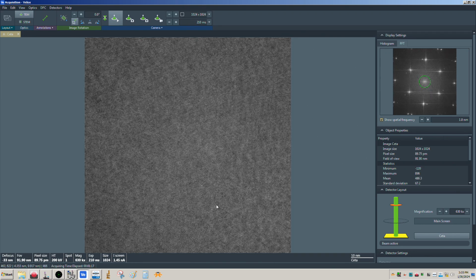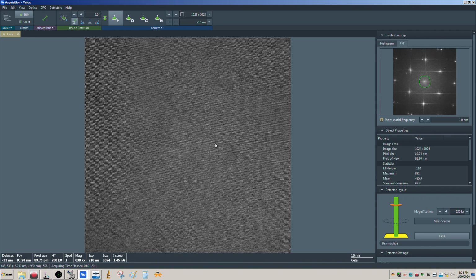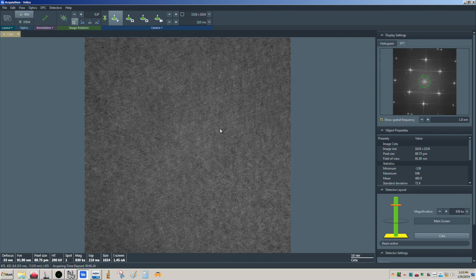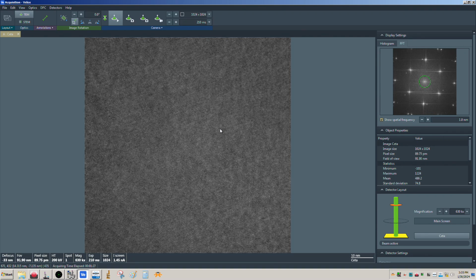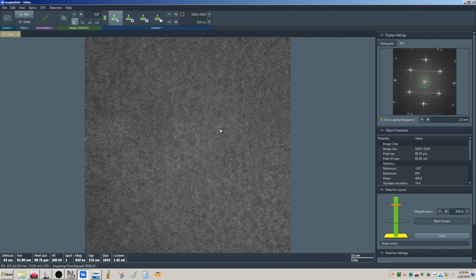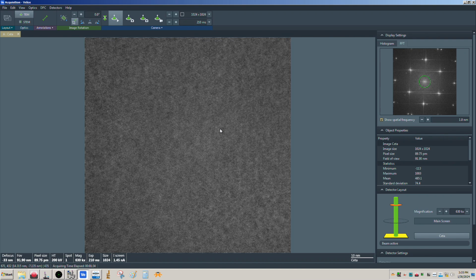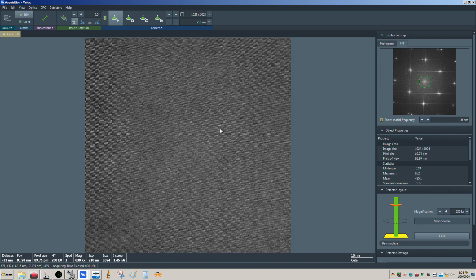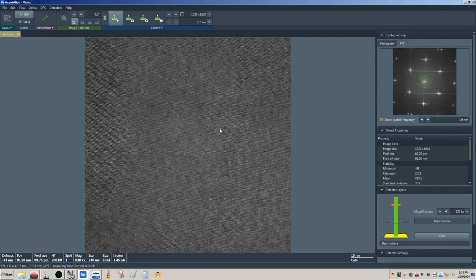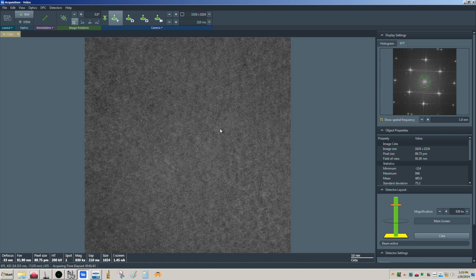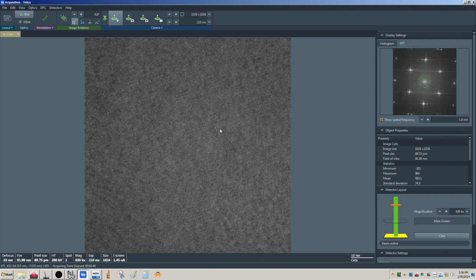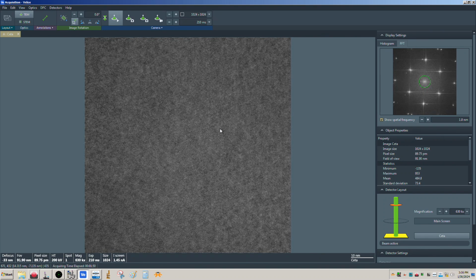Yeah, so you can start to see this coming in now. Okay, so it starts with some of this. So it shouldn't take us too long here before we actually start to see some of these extended defects, which I was referring to. And again, obviously, the smaller you make the beam, the higher you make the current density, the faster this is going to happen.